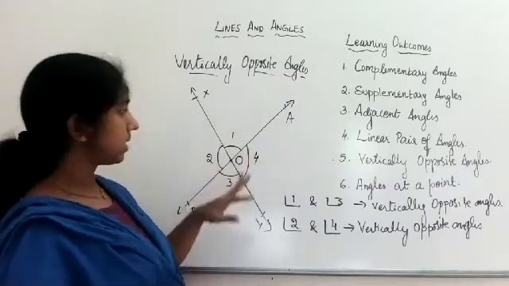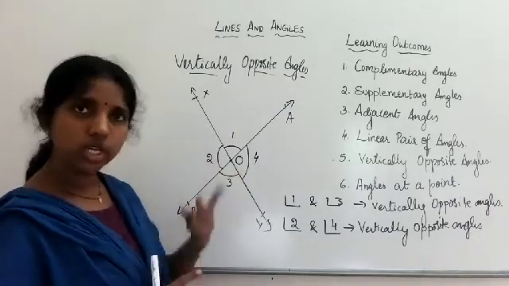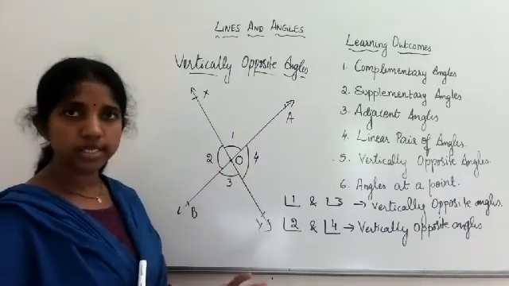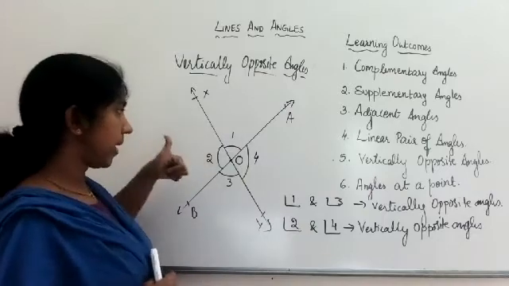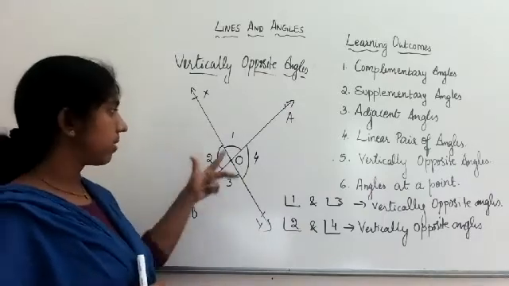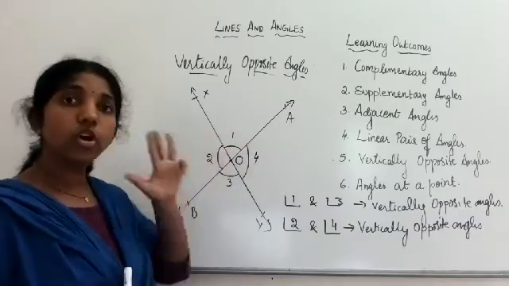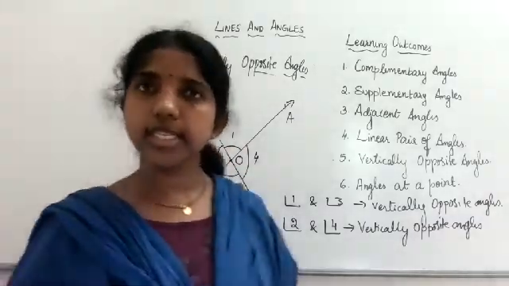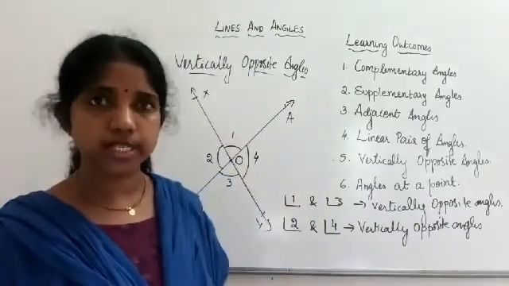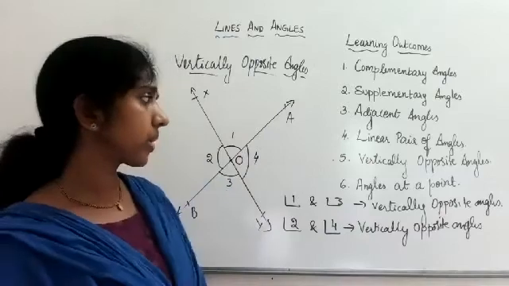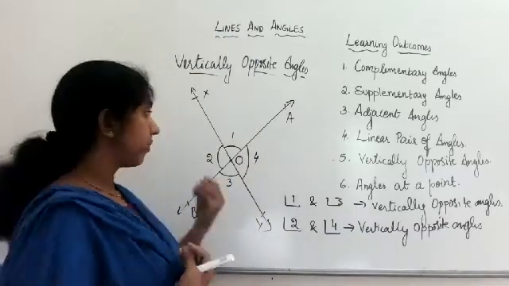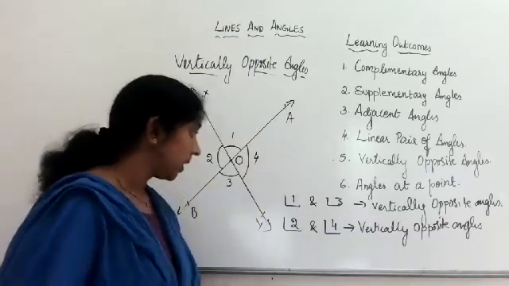So if 2 lines are intersecting, you will have 2 pairs of vertically opposite angles and 4 pairs of adjacent angles: 1, 2 first pair; 2, 3 second pair; 3, 4 third pair; 4, 1 fourth pair. So 4 pairs of adjacent angles and 2 pairs of vertically opposite angles we get when 2 lines intersect each other. Now let us see what is the condition for these two.